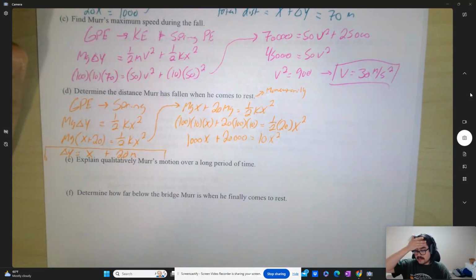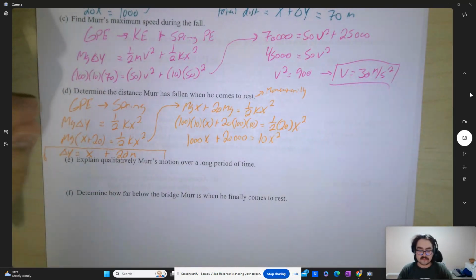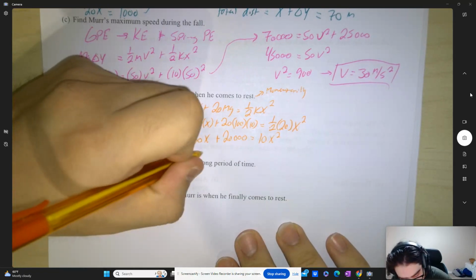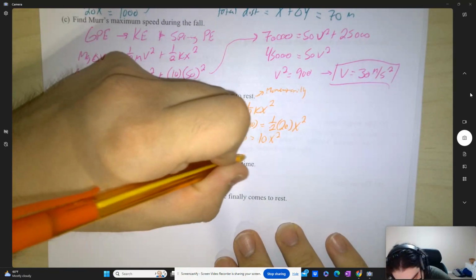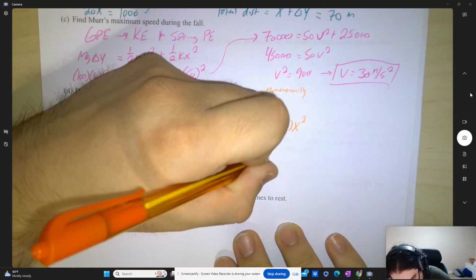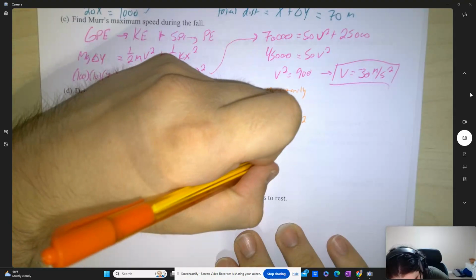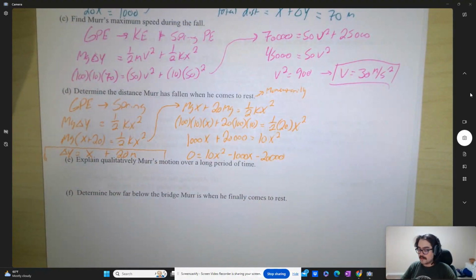Now this part is where hopefully you recognize that things are going to get really tough, because if you subtract this side, you'd end up getting 0 equals 10x squared minus 1000x minus 20,000.